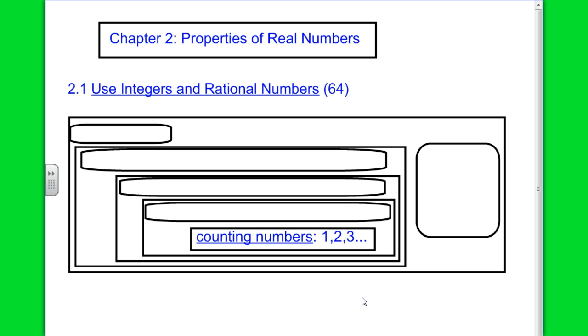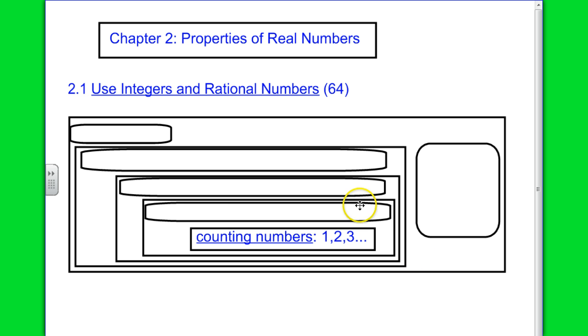When we add the number 0, which you can see on the number line is what color? Black. When we add that to the counting numbers, we now have a new set of numbers. And that set of numbers is the set of... It has an O right in the middle of the word. Say it. Whole numbers.